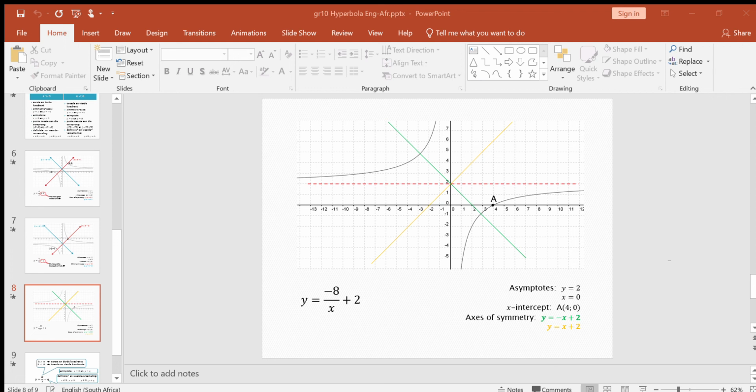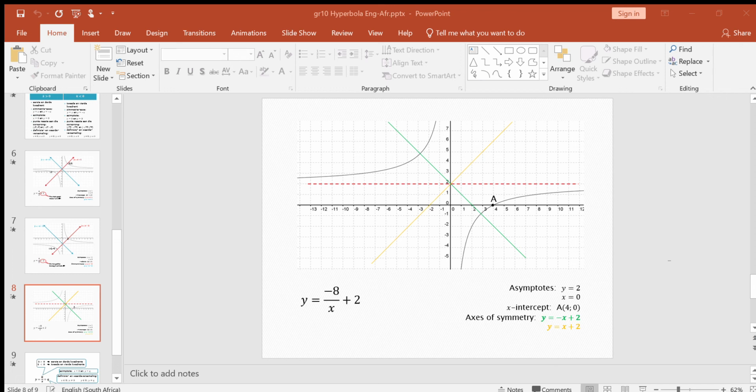To get that point, that is where it cuts through the x-axis, so ek gaan maak vir y 0, presies soos wat ons hier gedoen het, nee. Okay, so my x-afsnit is waar x 4 is en y is 0. Dieselfde storie met die as van symmetrie. Hulle gaan wees, y is gelyk aan x plus 2 en y is gelyk aan minus x plus 2.